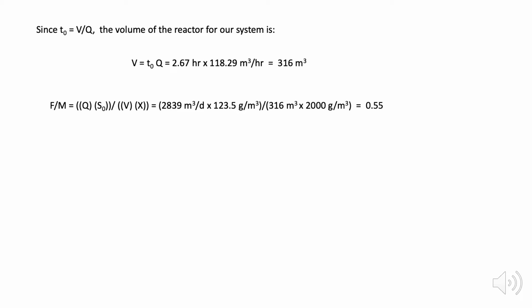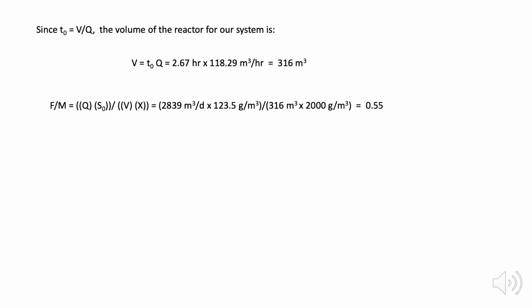Now you notice here that the influent BOD is listed in this equation as 123.5 grams per cubic meter. And where did that number come from? Well, we assume this is a medium strength wastewater, and our medium strength wastewater would have an influent BOD of about 190, as you've seen earlier. But we have preliminary treatment and primary treatment before we have our activated sludge system.